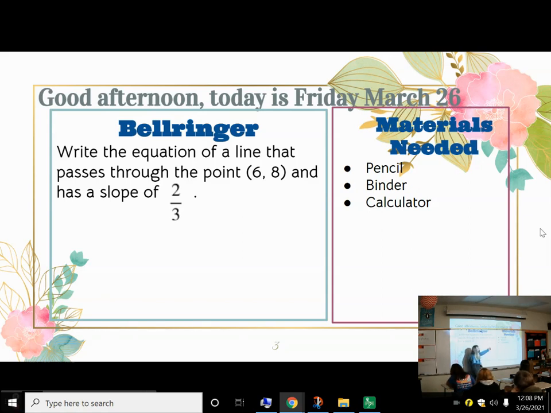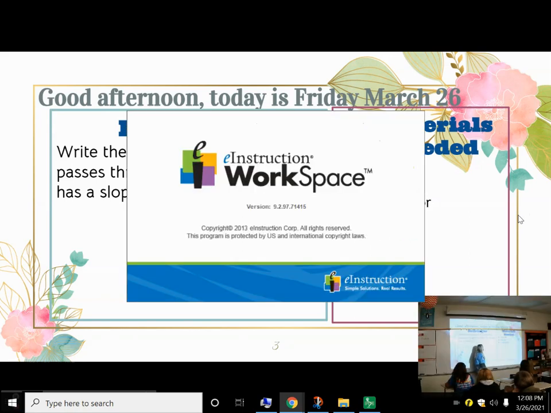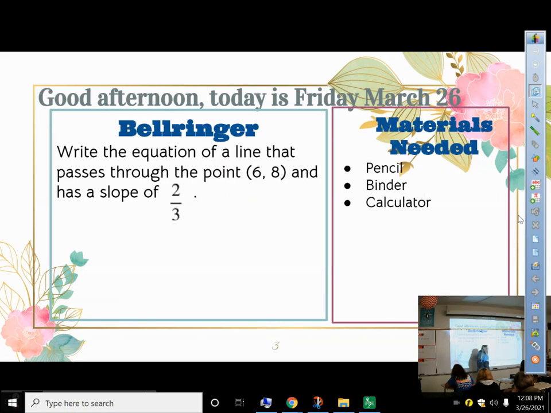Okay, so I wrote the formula down because it makes it easy. So I wrote y minus 8 because it's y on there. Then the slope is right there for m, and then times x minus x1, which is 6.